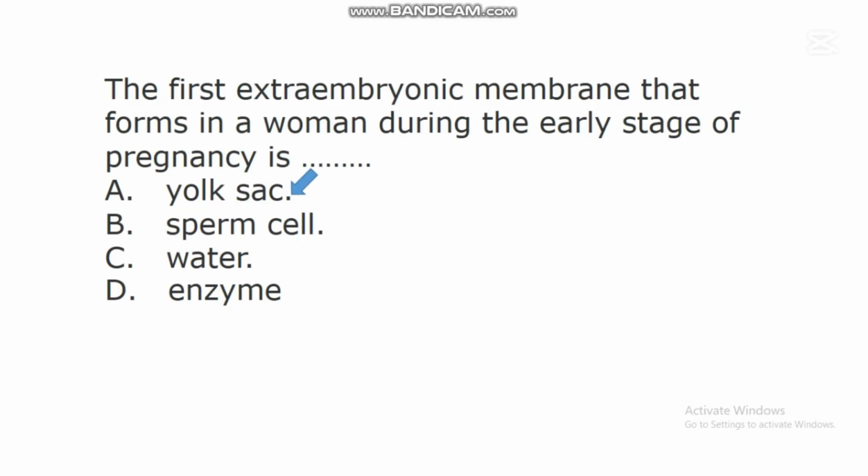So studies have shown that this yolk sac is the first extra-embryonic membrane that forms in a woman, especially during the early stage of pregnancy.